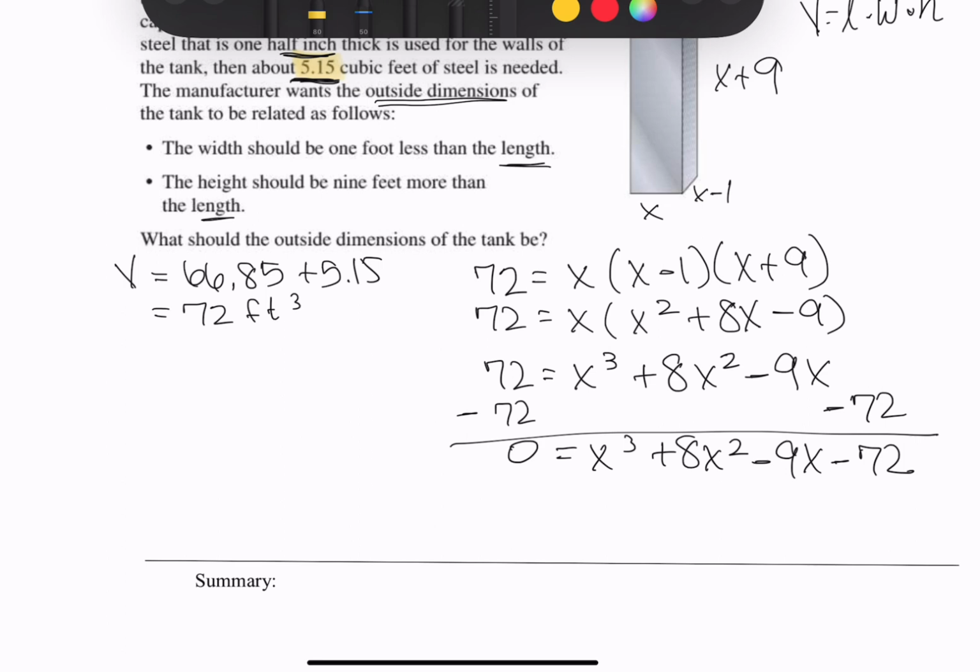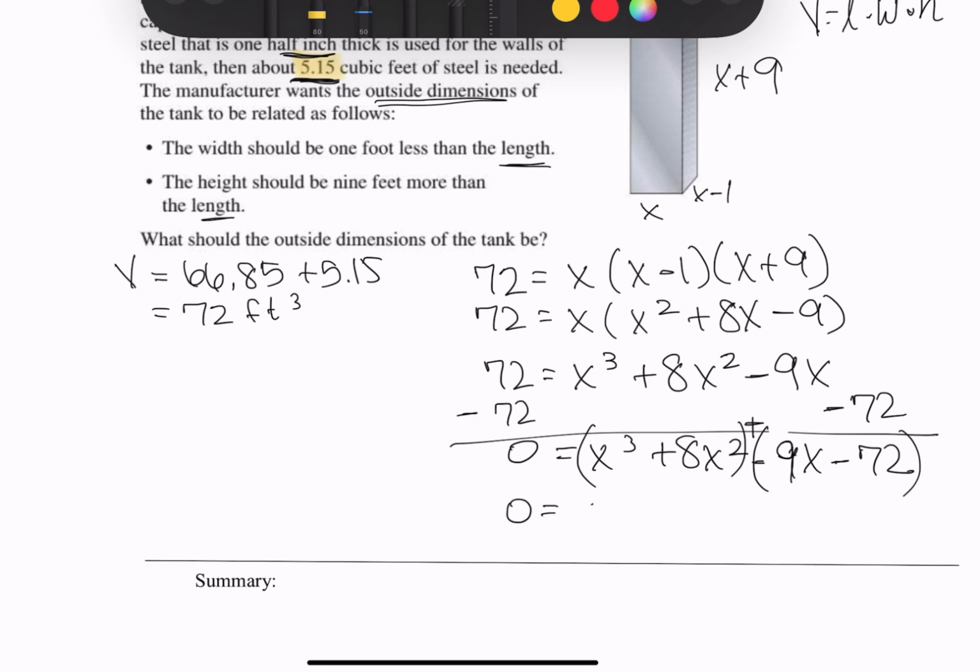Now I'm going to try and factor this polynomial. First, I'm going to look for a greatest common monomial, and I don't see a greatest common monomial in all 4 terms. However, I do see 4 terms, and I see some common factors in each grouping here. I'm going to group the negative with the 9, and then add those two groupings. Let's see if I can get a common binomial factor.